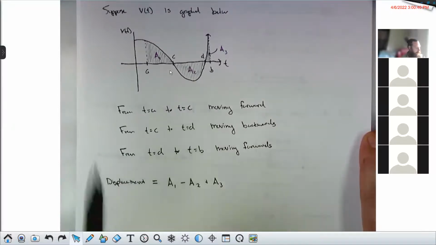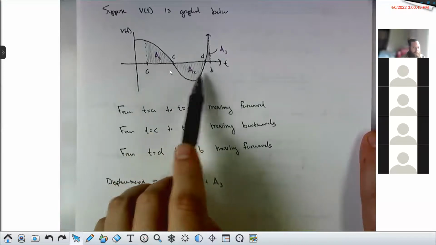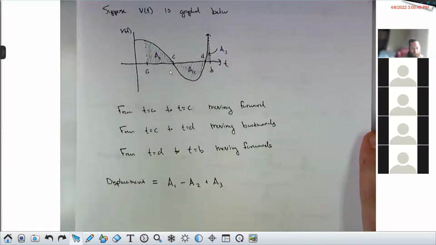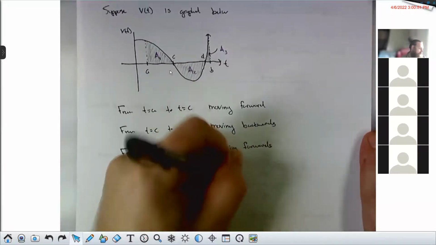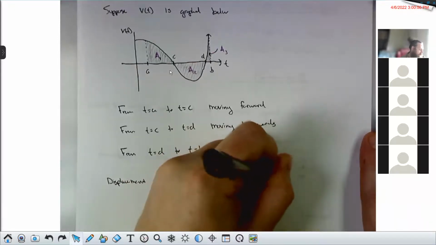So I walk to the right some amount here, and then I turn around and walk back to the left some amount here, and then I turn around and walk to the right a little bit more. And this would be the integral from A to B of your regular velocity function.